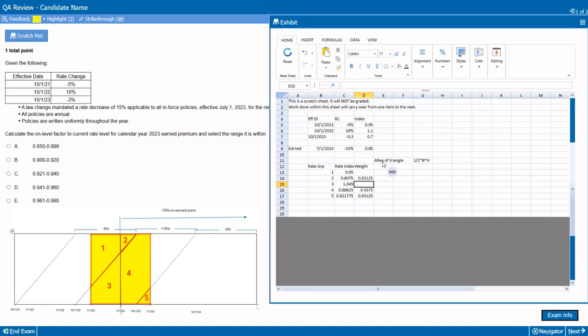Next, I'm going to do section 1. If you combine sections 1 and 2, you get a bigger triangle. So I'm going to calculate the area of that triangle and then subtract the piece that's in section 2. And this section 1 is policies written from January 2022 to October 2022.